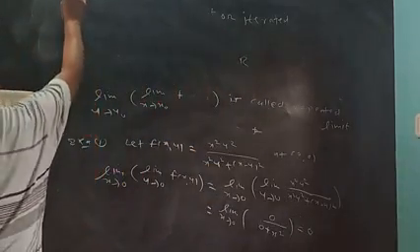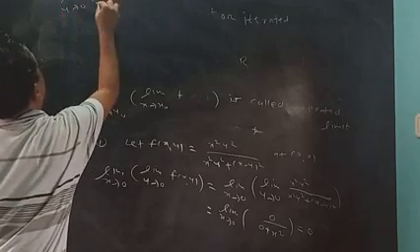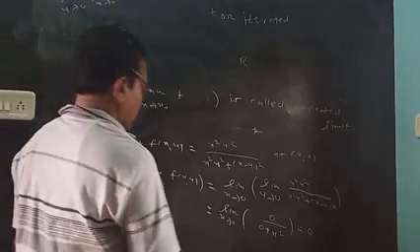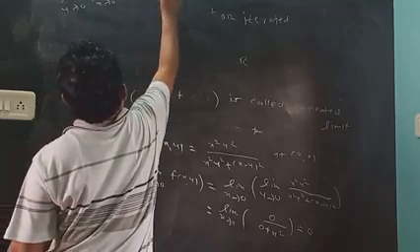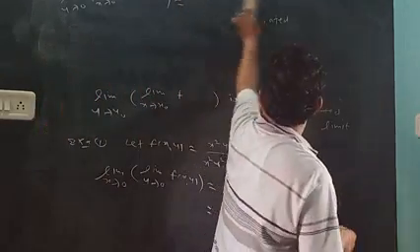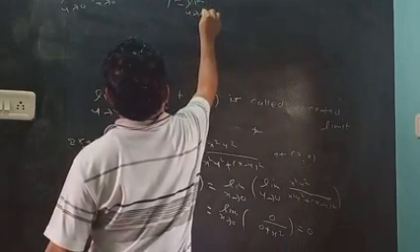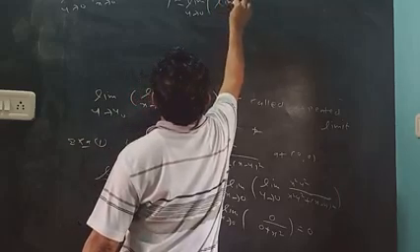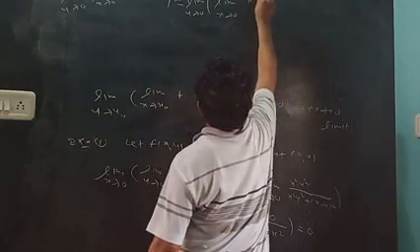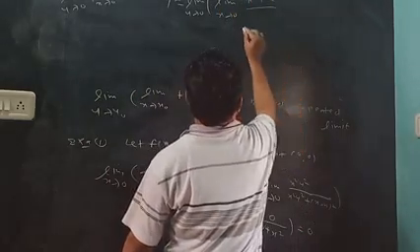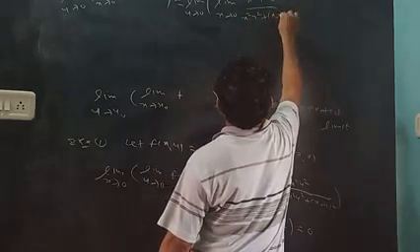Or the second limit: y tends to 0 and the limit as x tends to 0 of f of x,y, the same function, x squared y squared plus (x minus y) whole squared.